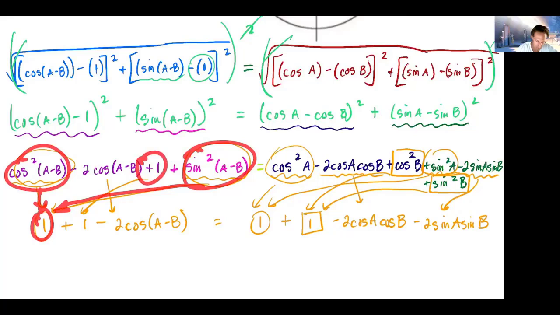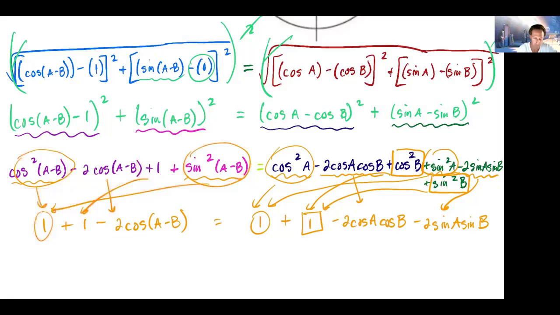I still have then this one, which I wrote here. So there's that one. And then the negative 2 cosine of a minus b I brought straight down to still be there. So cleaning that up, I would have 1 plus 1, which is 2, minus 2 times the cosine of a minus b. Looks a little better already. Now on the other side, there are 2 different sets of these.